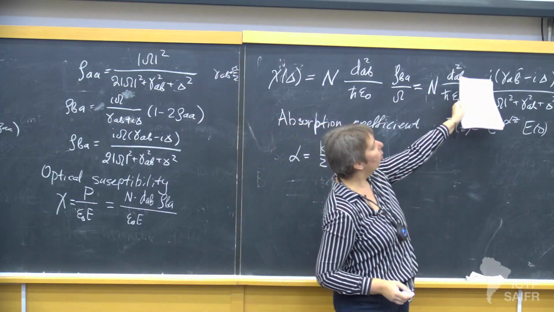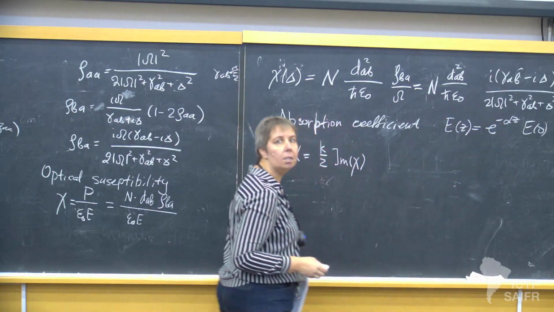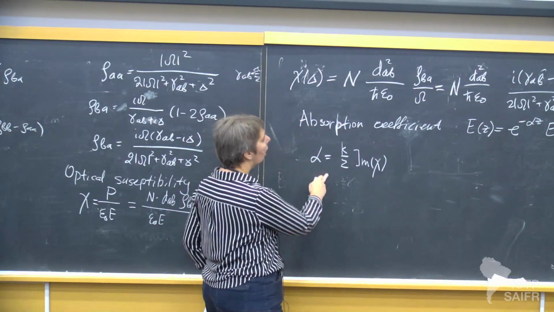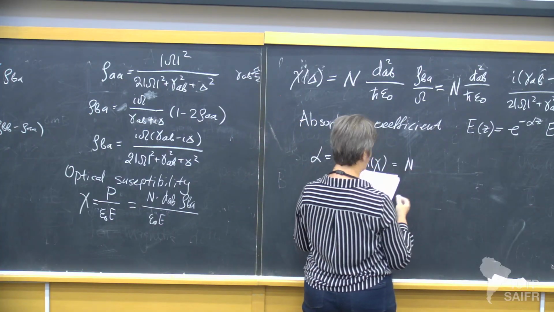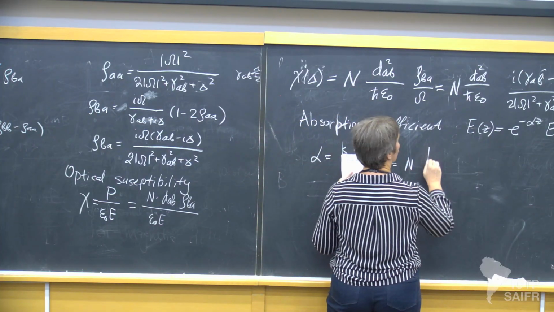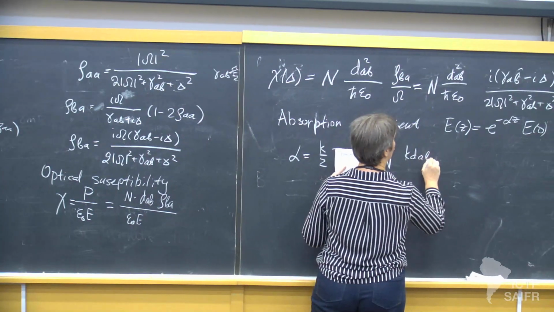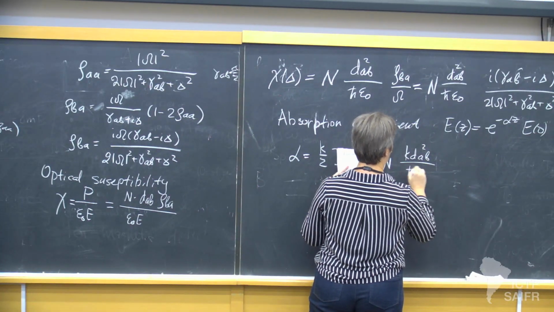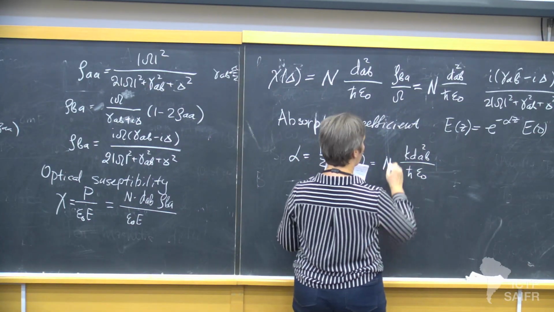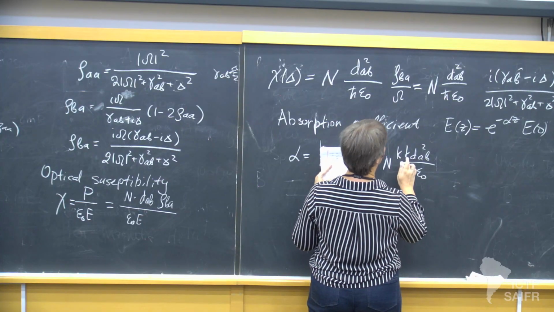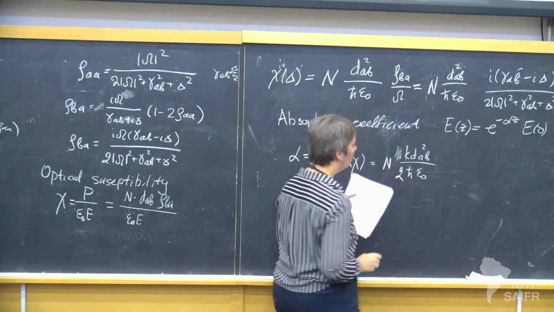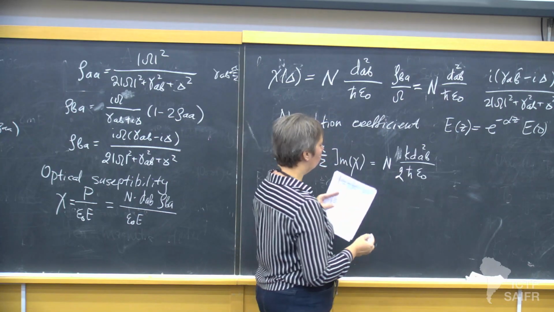And I wrote it down specifically so we can see easily what this imaginary part is. So we have here the number of atoms times k times dipole moment squared over h epsilon naught, over 2. Again, these are all the parameters.